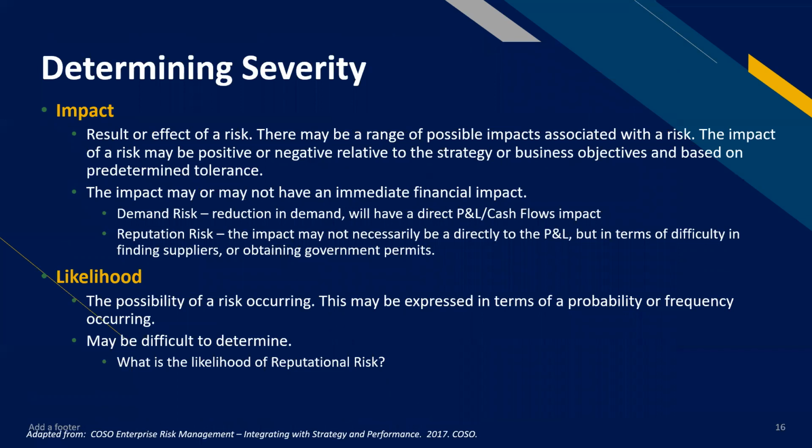So when we determine severity, as I mentioned, there's impact and likelihood. Impact is the result or effect of a risk. Okay? Since we're talking about effect on business objectives, right? The impact of the happening of the risk, okay, might have financial or non-financial impact.